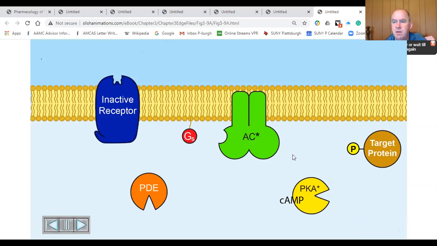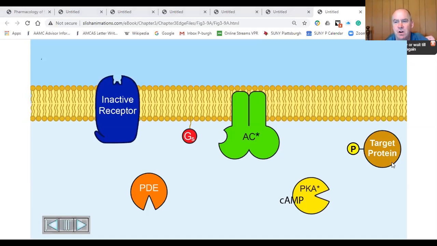So when PKA puts a big, ugly phosphate on there, that causes that target protein to change a lot. Now, what target proteins are we talking about? Depends on the cell. In our case, a lot of times it will be like the calcium channel, that presynaptic calcium channel. If you phosphorylate it, more calcium will go through, so you get more neurotransmitter release. So the cell can modulate how much neurotransmitter it's releasing through the system as well.